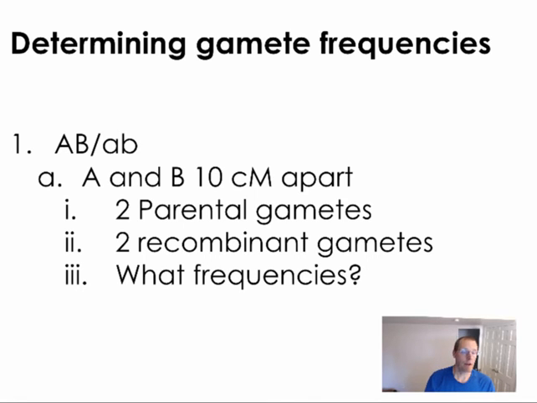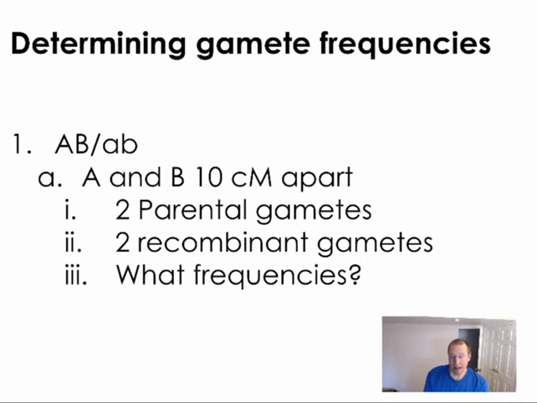So we have an organism which is big A, big B, linked and completely linked, and that organism also has little a, little b on the homolog. And let's just say that those genes A and B are 10 map units apart, 10 centimorgans, or 10% apart. So when that happens, remember, we're going to get two parental gametes and two non-parental gametes produced.